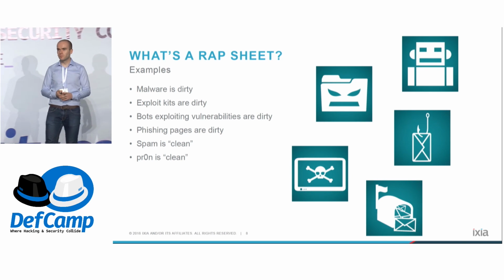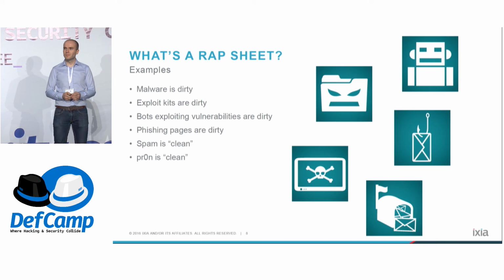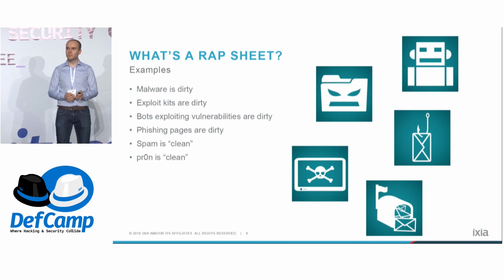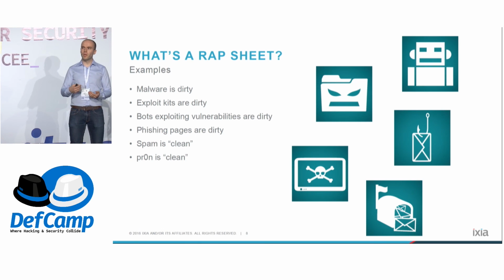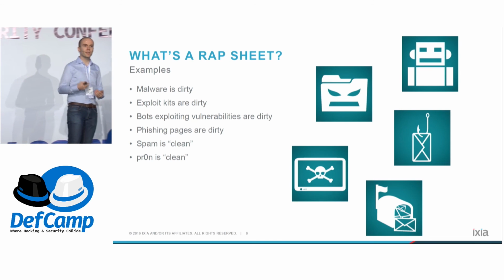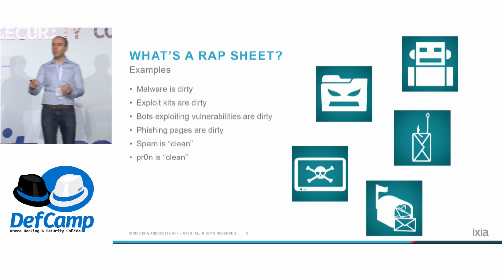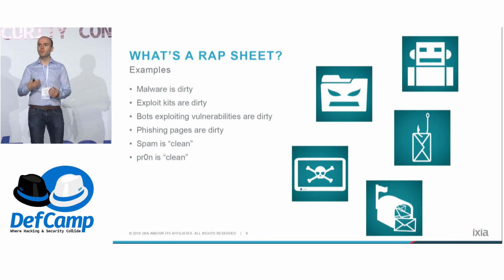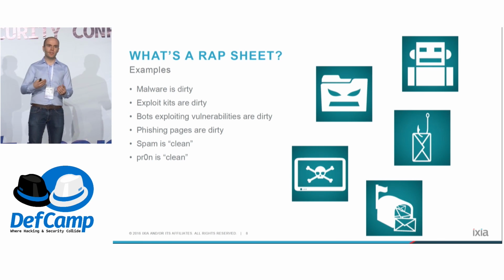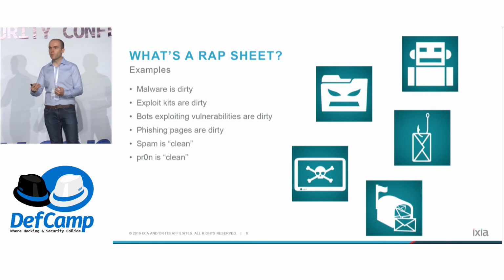Sorry, I have another question, which is, how do you handle malicious IPs that are compromised? Do you consider them infected or clean, or do you have a special status? If that particular IP is compromised, then we consider it infected. But you can also have the scenario in which you have multiple domains on a specific IP. In that case, we only consider the malicious domains to be blocked.